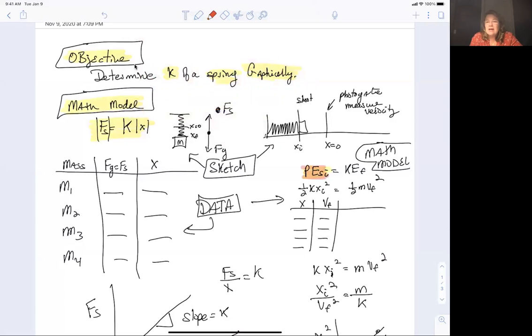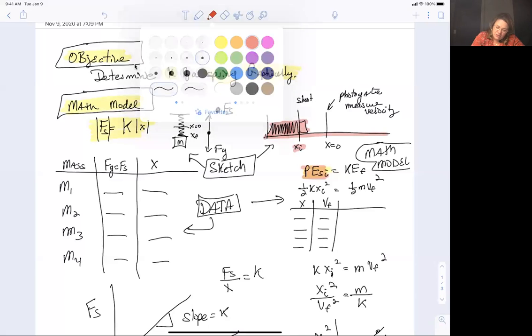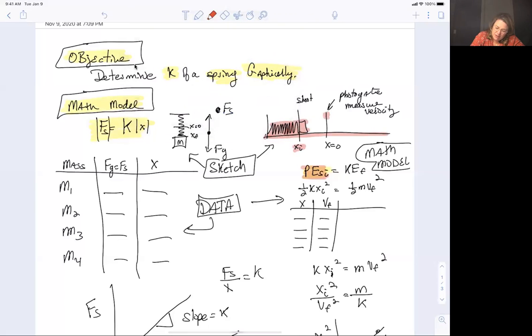So here is this math model, potential energy due to the spring. Well, that's kind of hard to measure without knowing the spring constant. But what if I had a spring and a block that I compressed to some distance and shot the block and measured the velocity of the block right when it hit x equals 0?